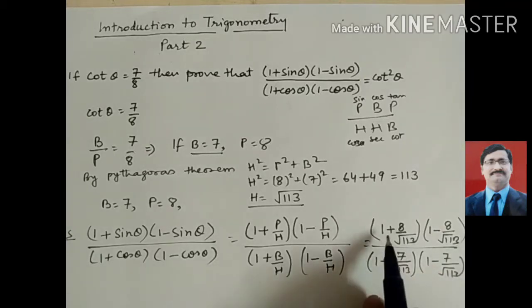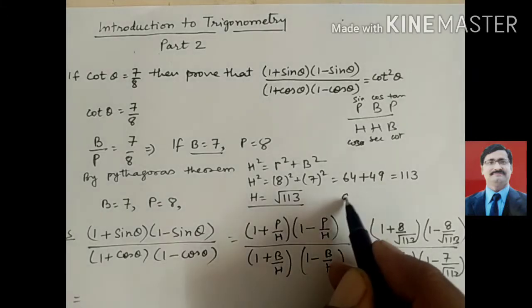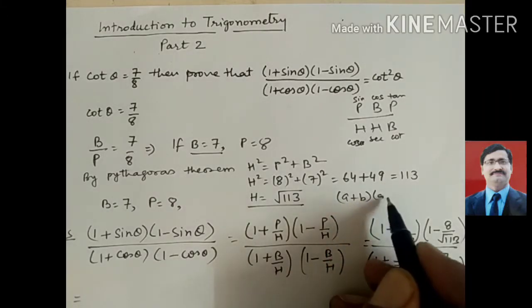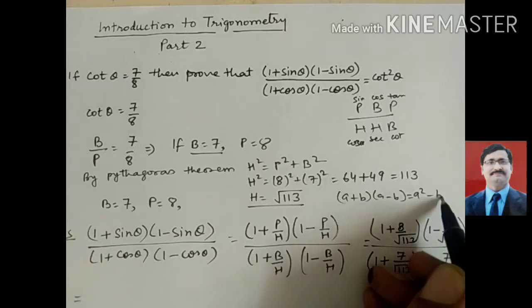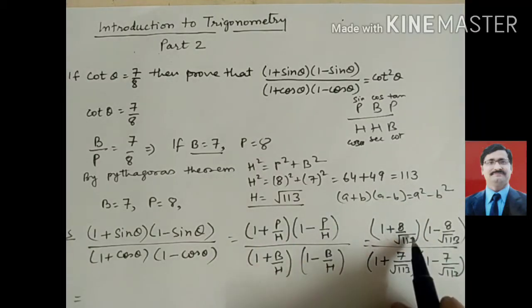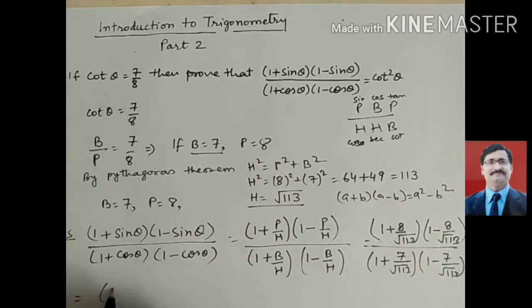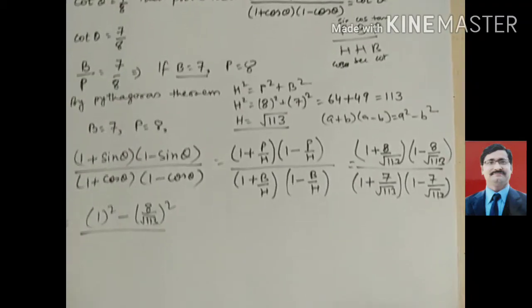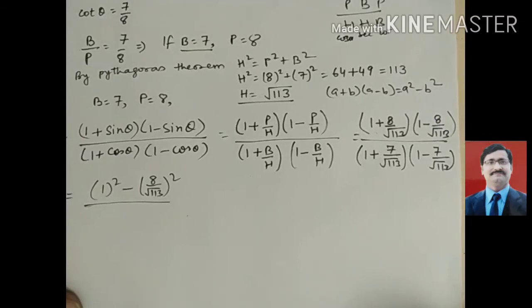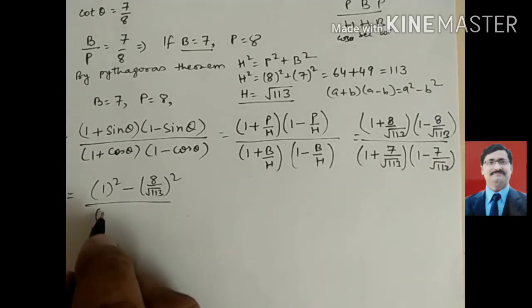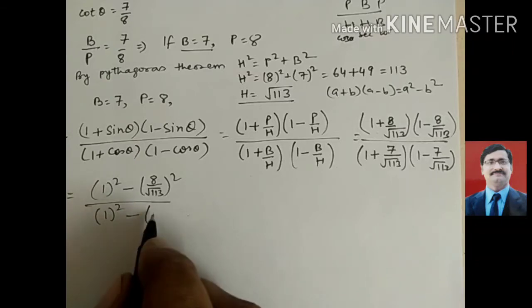Now you can use the a plus b, a minus b formula: (a plus b)(a minus b) equals a square minus b square. So we write 1 square minus (8 upon root 113) whole square, and in the denominator also 1 square minus (7 upon root 113) whole square.